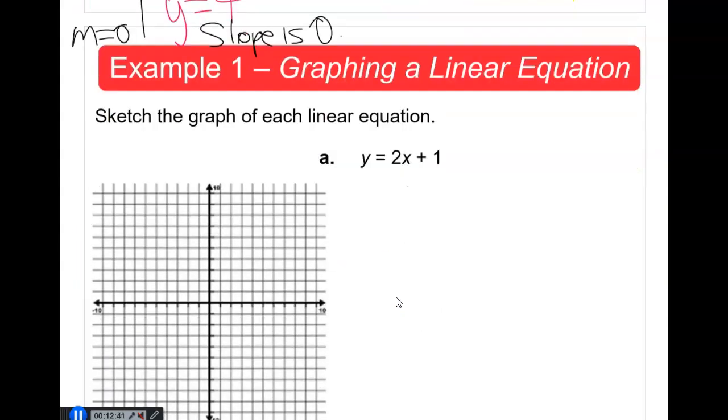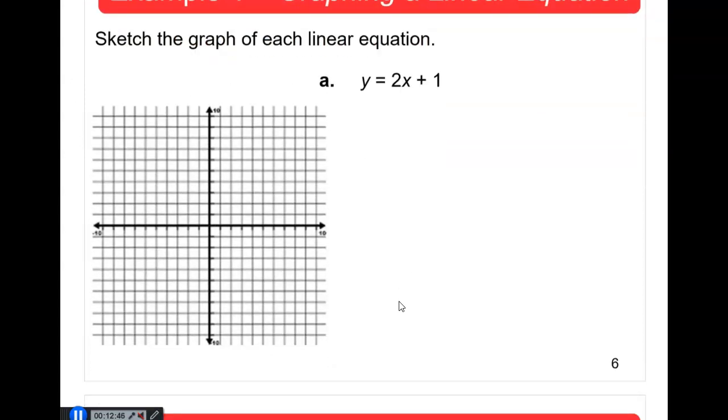Okay, so we're going to sketch the graph of this linear equation. We practiced making a table and then plotting the points from the table. I also showed you how to graph it using decimals. And what I want to show you now is how to use the way that it is written, because we have the slope and we also have the y-intercept.